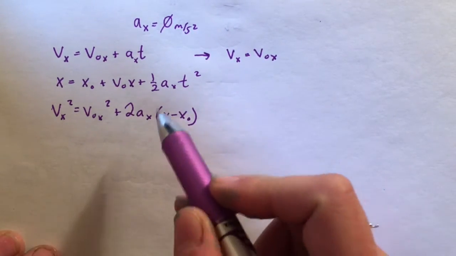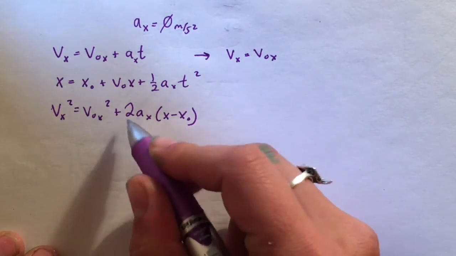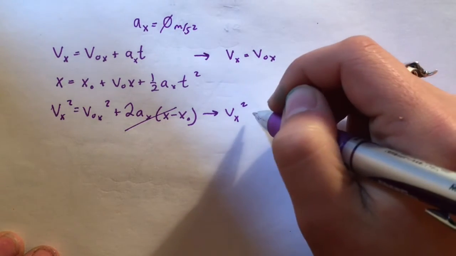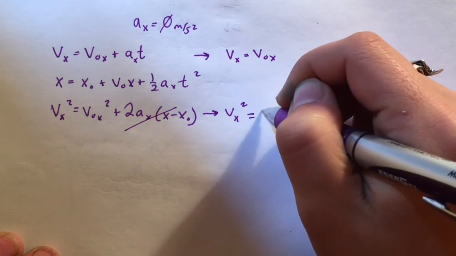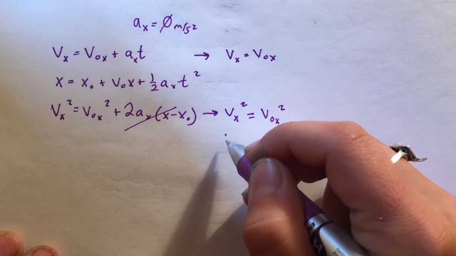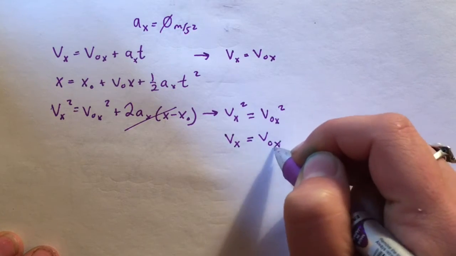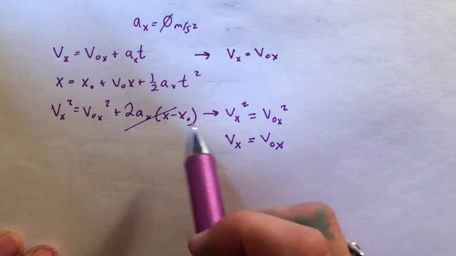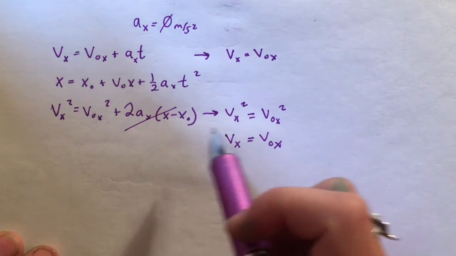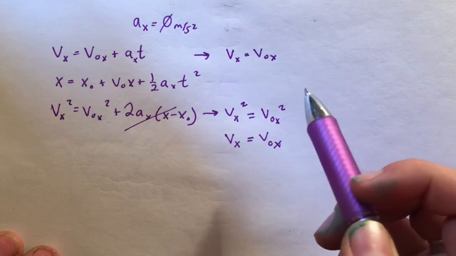The third equation, if I plug in 0 for acceleration, all of this goes away, and again I get that the final speed squared is equal to the initial speed squared, and if I square root both sides, I get again that the final horizontal speed equals the initial horizontal speed. So again, because our acceleration is 0, the third equation isn't going to help us. It's going to give us a true statement, but it's not going to help us solve for anything.